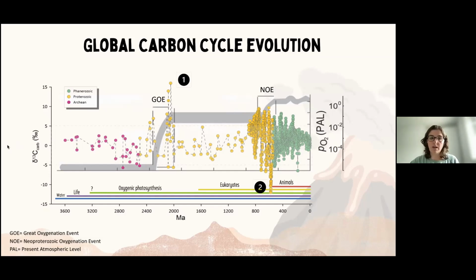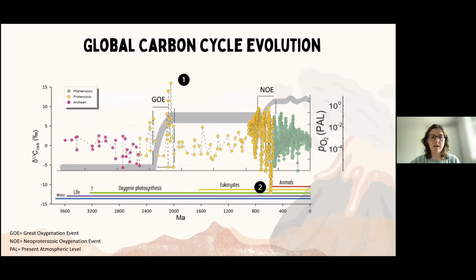And the third point that I would like to highlight is that after those dramatic increases in oxygen on Earth, these dramatic perturbations of the carbon cycle, two of the most important biological innovations took place, that were the emergence and diversification of eukaryotes and animals, respectively.